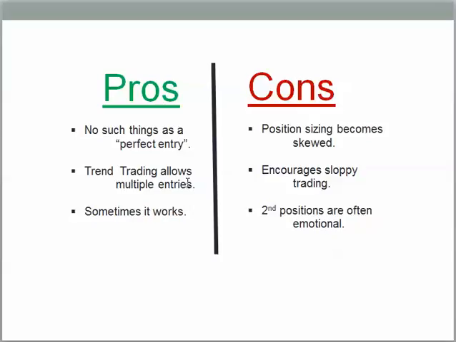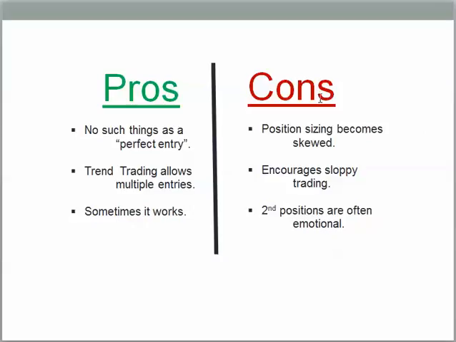So most people use the term dollar cost averaging when they're talking about multiple entries on a swing trade, and it's a little bit less risky when you're doing it there, because there is such volatility within a stock's price from day to day, depending on the market, depending on news events that morning, that sort of thing. And the other pro is that sometimes it works out, and that can also be the bad part of it, because sometimes it works out, but it doesn't always work out. It's not really a strategy, it's just a kind of happenstance type thing.